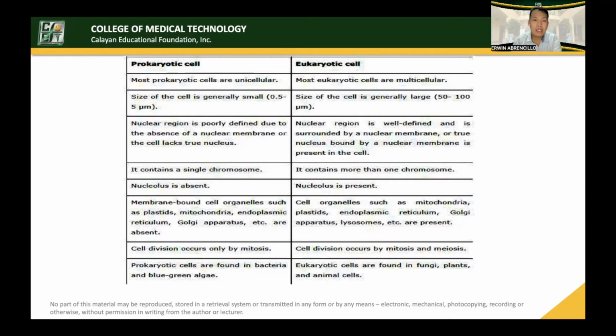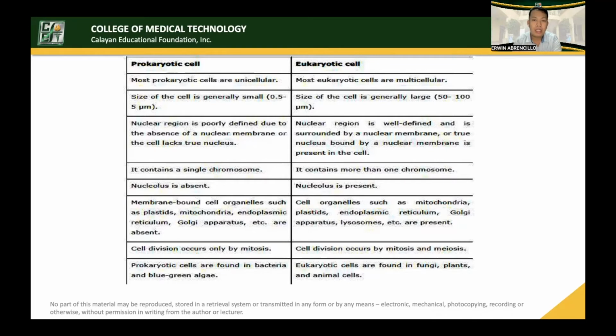On the other hand, the nuclear region is poorly defined due to the absence of a nuclear membrane, or the cell lacks a true nucleus. Actually, this is the description of what a prokaryotic cell is: the absence of the nuclear membrane, the one that encloses the nucleus in a eukaryotic cell.